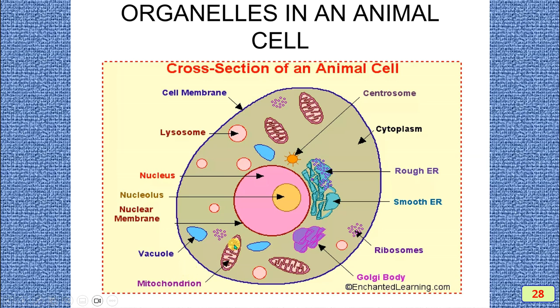Then mitochondria, the powerhouse of the cell, whereas the Golgi apparatus accumulates proteins and sends them wherever they are required. Then the smooth endoplasmic reticulum and rough endoplasmic reticulum are useful for protein synthesis. Then the cytoplasm is the liquid phase, and centrosomes are small bodies floating in the cytoplasm.